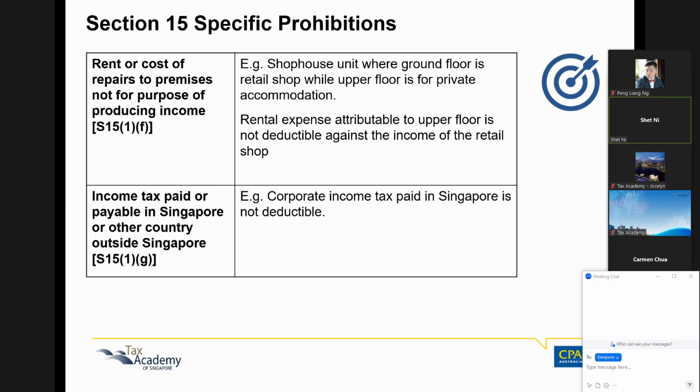Then we have section 15.1g. Section 15.1g talks about income tax paid or payable in Singapore or other country outside Singapore. So in this case, the example given here is corporate tax paid in Singapore is not deductible. So you can see here, we specifically said that income tax paid in Singapore or other countries is not deductible.